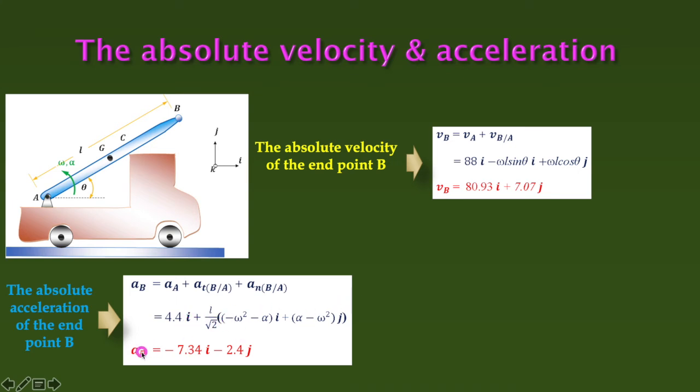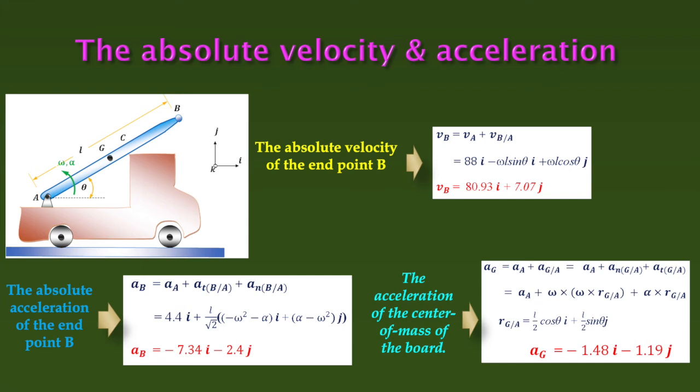So substitute all this and we get this. Just add here, the i term and j term remain the same, and substitute the values of alpha and omega. Here alpha and omega are the magnitudes of angular acceleration and angular speed. Substituting all these values, we get the absolute acceleration of point B, which equals minus 7.34 i minus 2.4 j.